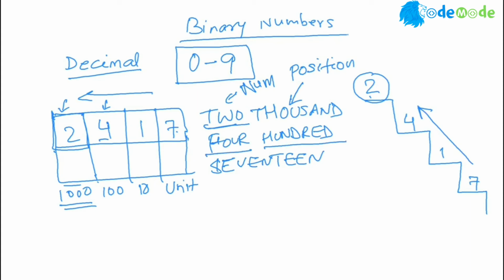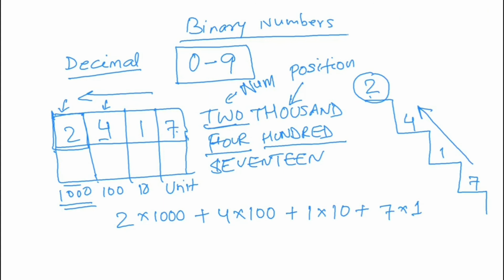So you always say 2417 as 2 multiplied by 1000 plus 4 multiplied by 100 plus 1 multiplied by 10 plus 7 multiplied by 1. We all already know that. I'm just giving you the expanded version of a number.